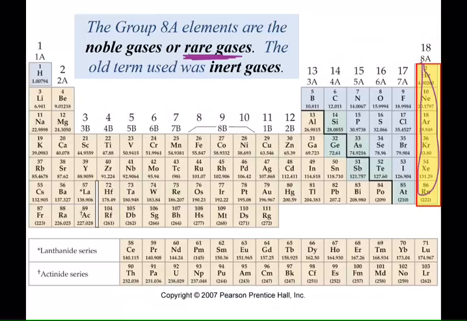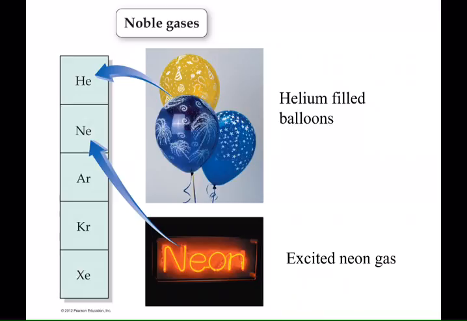They're also called the inert gases because they don't like to react with anything. And then, kind of related to their rarity, they're called the noble gases. So group 8A gases actually have 3 names. And here are the noble gases.